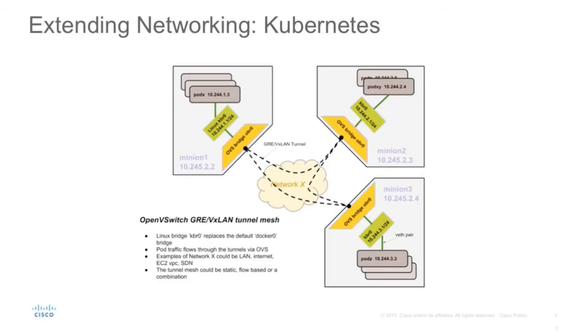And under the hood, they create a subnet per host, and there are fully meshed GRE or VXLAN tunnels between those hosts, so that all of your Kubernetes nodes are in an overlay, and they can all get to each other and know how to route between those subnets.